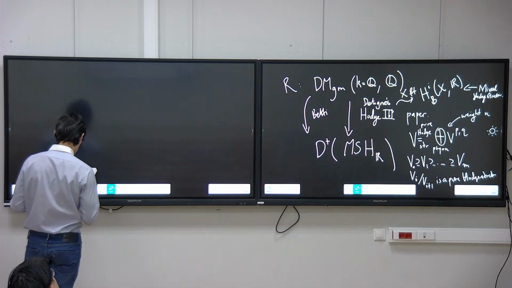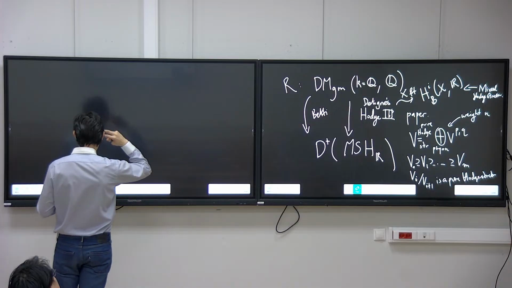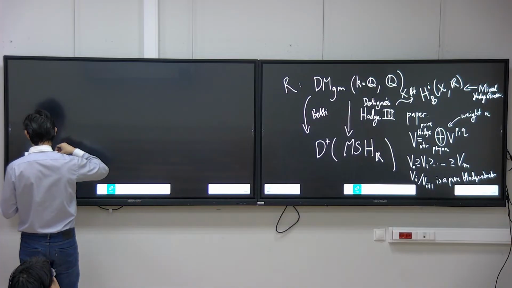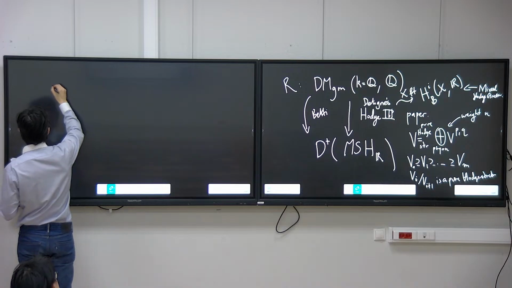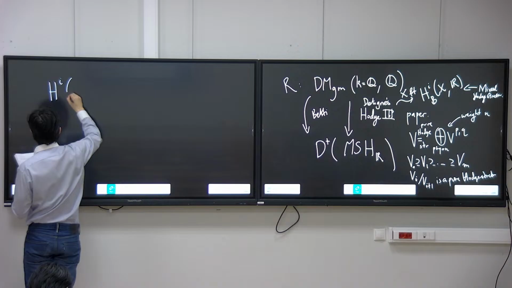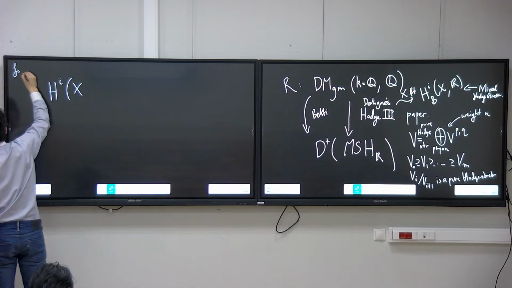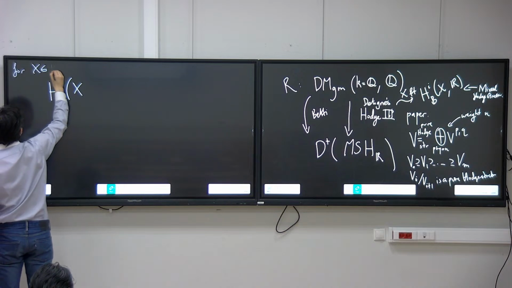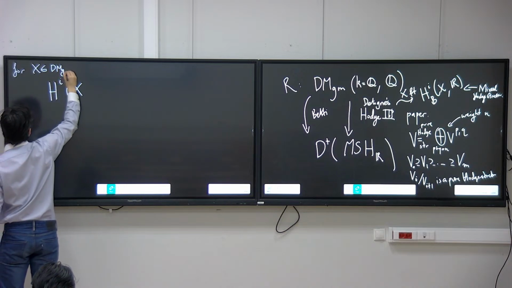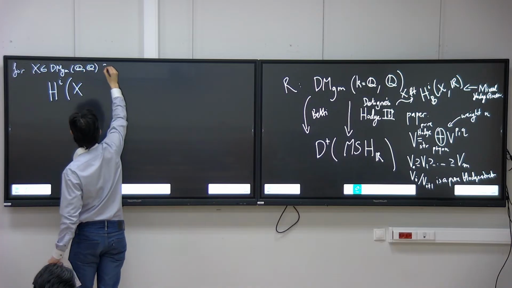Then, by looking at Hom functors via R, we get the following functor. H^i of X, for X in geometric motives over Q, let's say smooth projective.